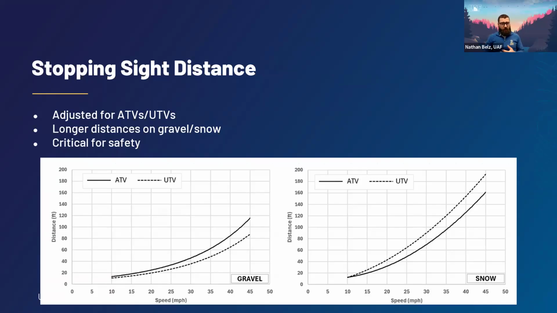In general, these tend to be just ever so slightly greater than the stopping sight distances in the very low volume guide. We've also provided in the guide, in table 2.5, recommendations for both one-way operation as well as two-way operation.